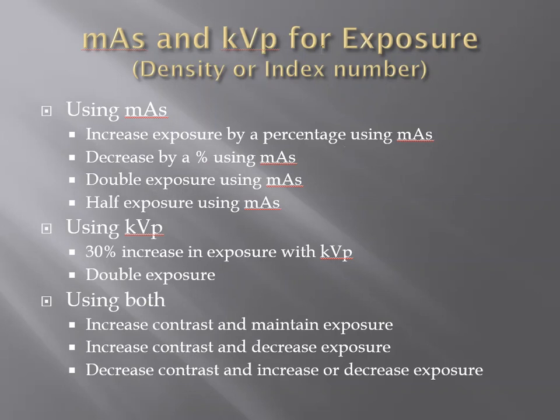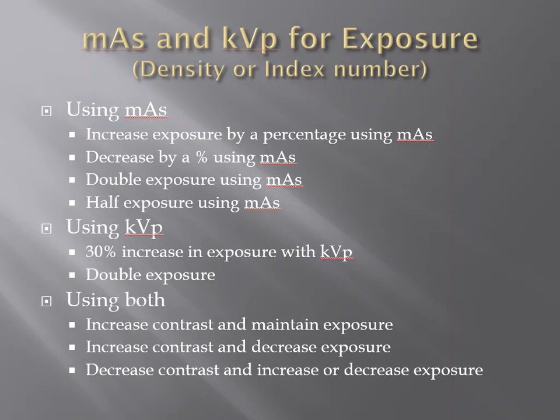So mass and KVP for exposure, again, we've got using mass: increase the exposure by a percentage, decrease by a percentage, double the exposure, half the exposure. To increase the exposure by a percentage using mass, you would just multiply by the amount of increase that you desired and add the original mass back in.